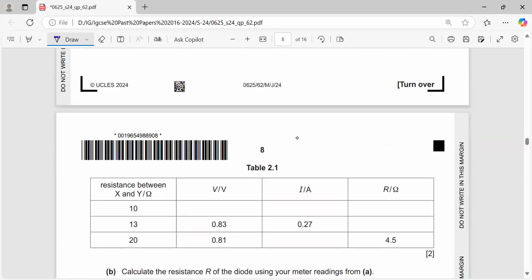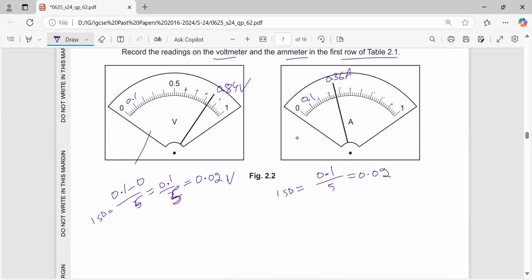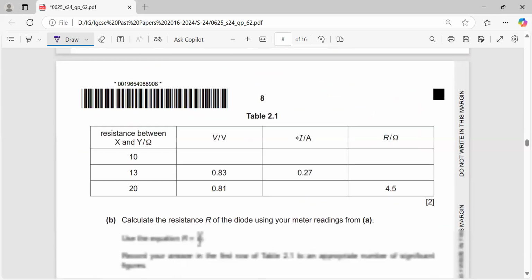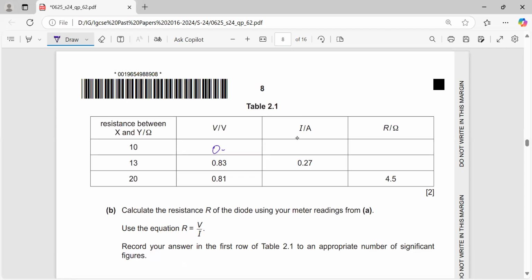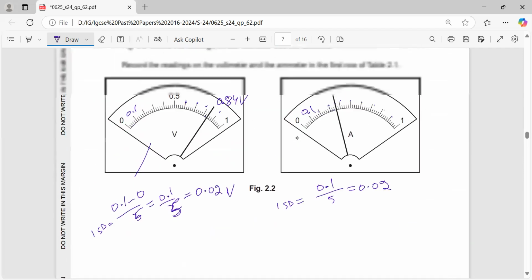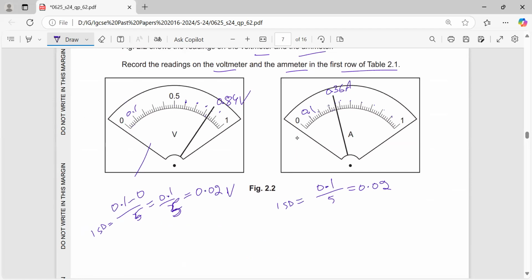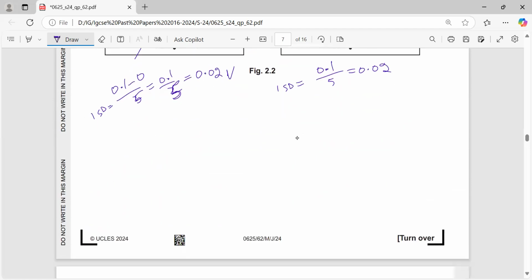Okay, the voltage reading is 0.84, and the current reading is 0.36. 0.1, 0.2, 0.3, yes, 0.36.